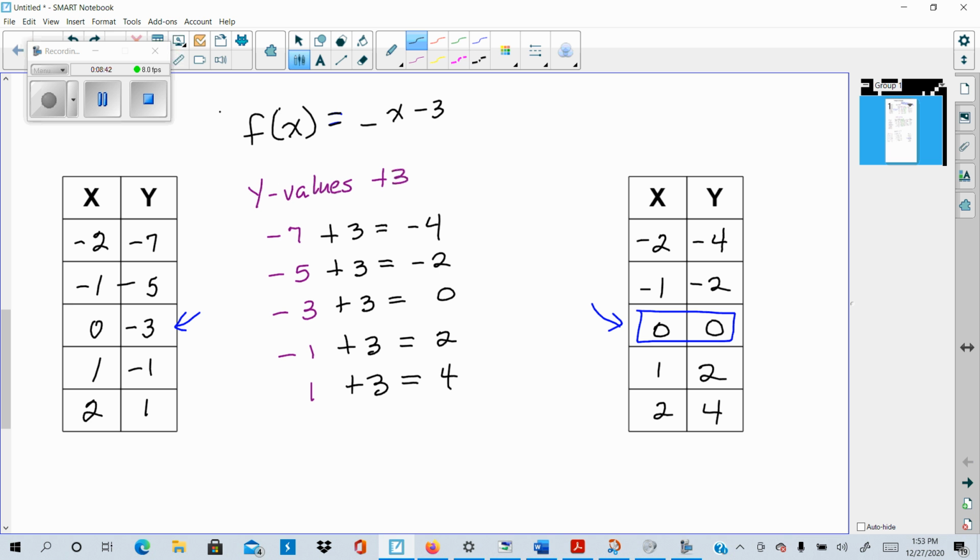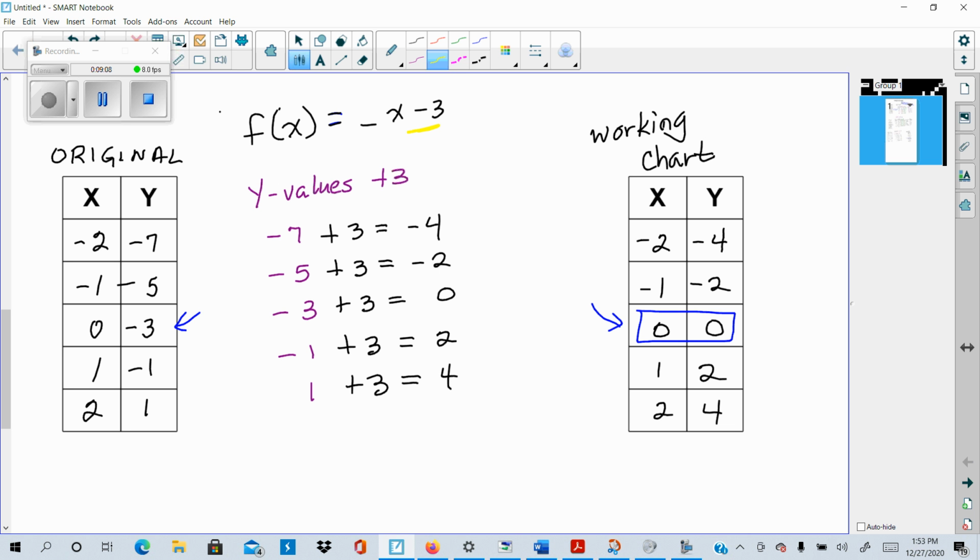Now this is not a correct chart. This is a working chart. It's not our final answer. This is our original. This is the one we work with. But what this gives us is we've taken out this 3 from the equation. Now we're going to be able to figure out what goes in front of the x.